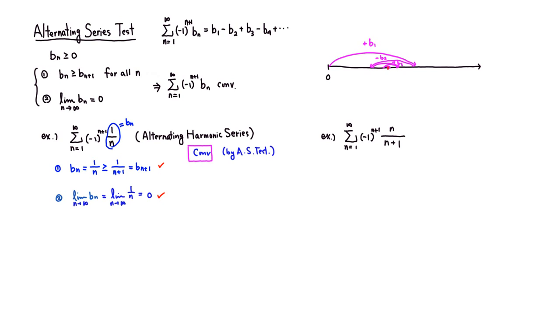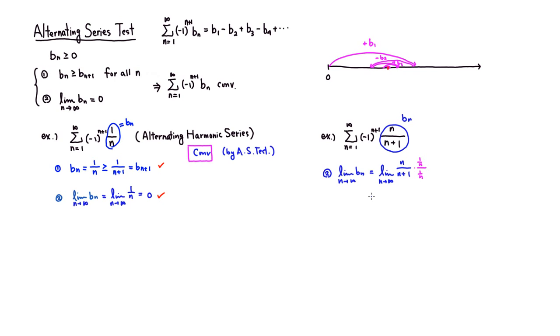All right, so let's look at the second example. We have an alternating series, and this guy is going to be our bn. Since I know the answer, I'm going to look at the second condition. We take the limit of bn as n approaches infinity, where bn is n over n plus 1. Here the top and bottom both go to infinity, so I'm going to multiply top and bottom by 1 over n.